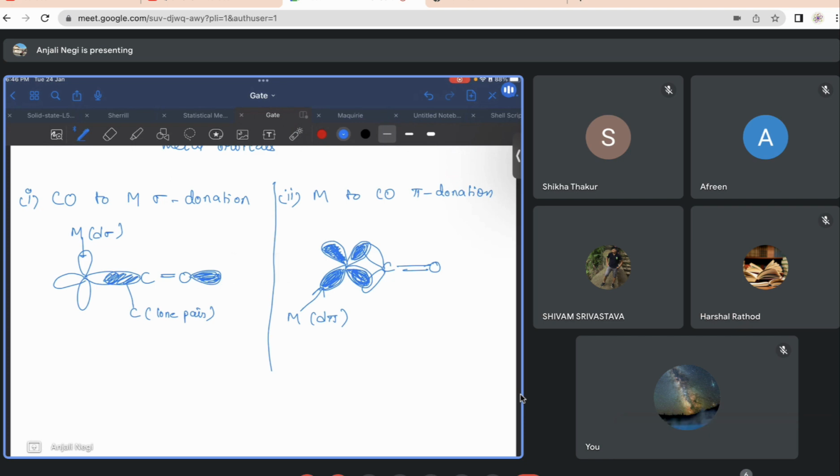For the metal to CO pi donation, these are the metal d pi orbitals, and these are the carbonyl pi antibonding orbitals, and you see that there is a back pi donation happening here. So this is a metal to CO pi donation.